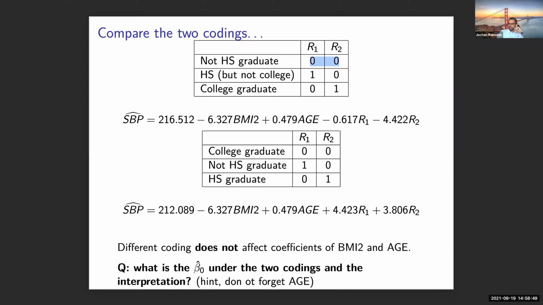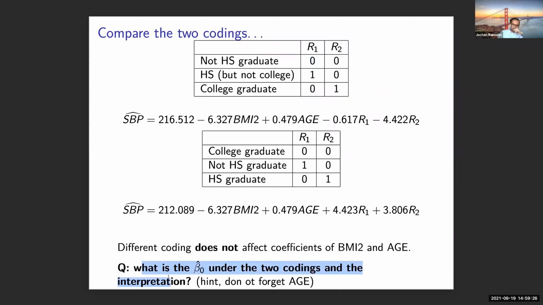It does not affect the coefficients of BMI and age, which you can see here, logically, because these variables have already had the effect on beta 0, beta 1, and beta 2. And so now with beta 3, this is only changing within the framework of beta 3. So if you recode beta 3 and use a different reference value, this will not affect the interpretation of the other coefficients, only the coefficient for which you're changing the coding.